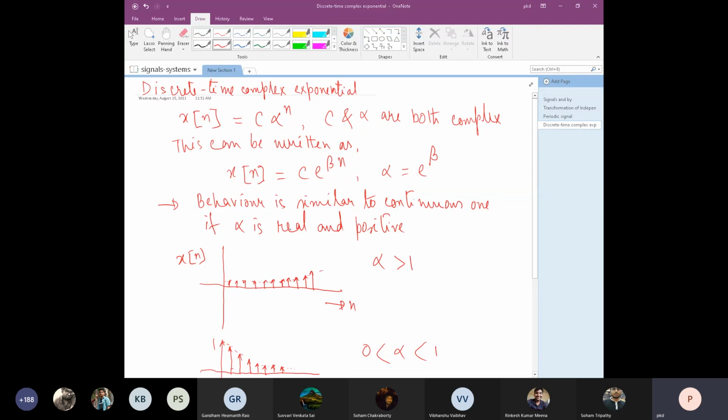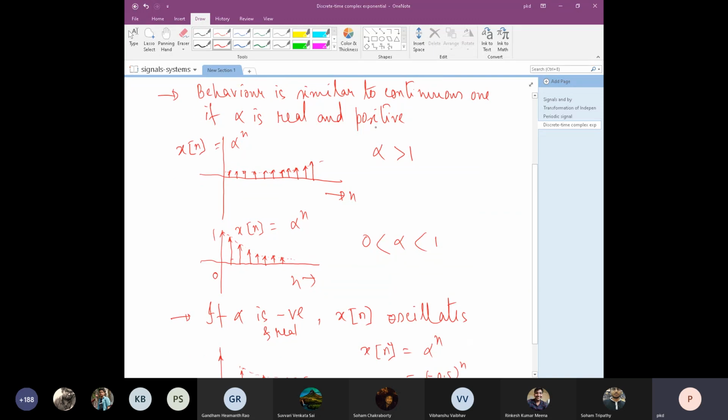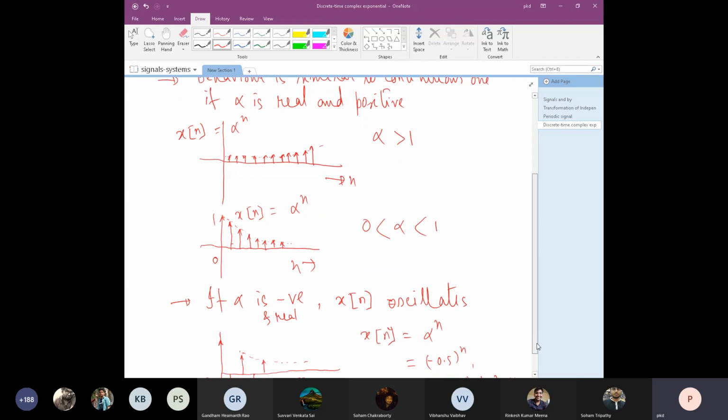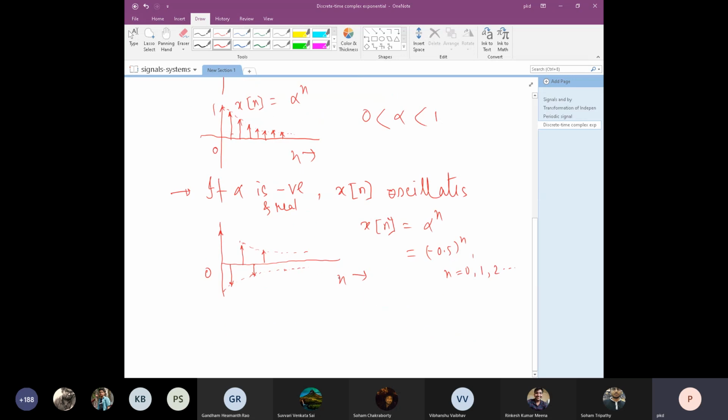So alpha is real and positive, these two cases, and then we have alpha negative and real, so x[n] oscillates. If alpha is negative, then x[n] oscillates.